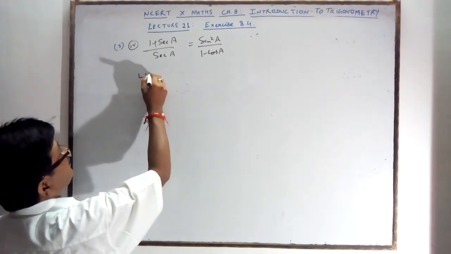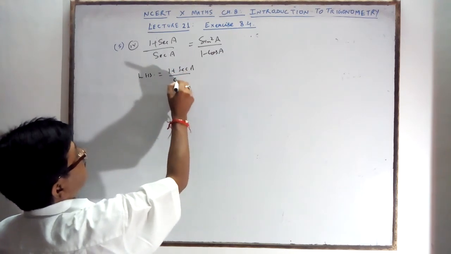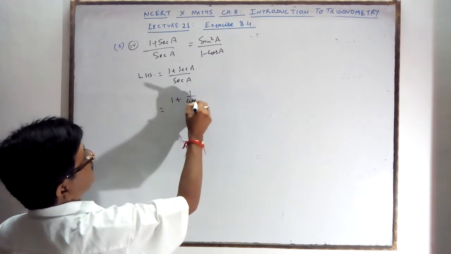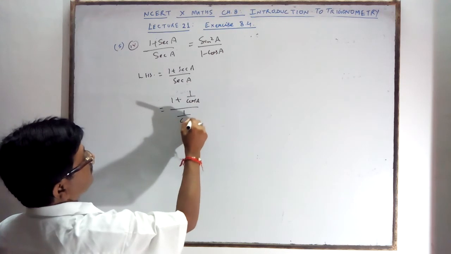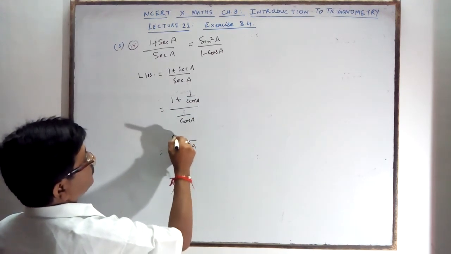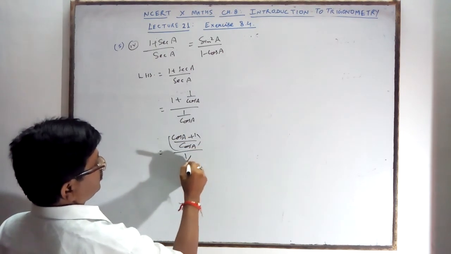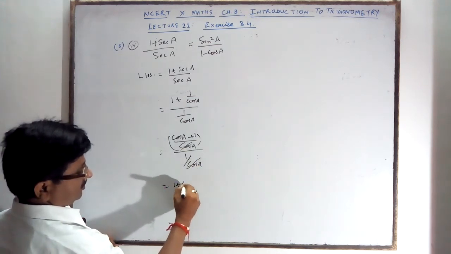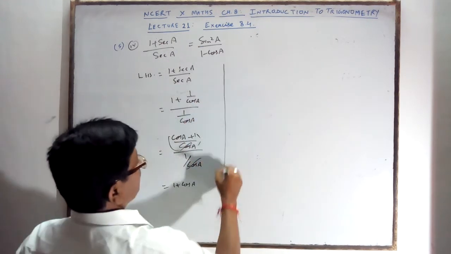LHS you take 1 plus sec a upon sec a. Change into 1 plus 1 upon cos a upon 1 upon cos a. Then LCM in the numerator, you will get cos a plus 1 upon cos a, upon 1 upon cos a. So this cos and cos cancel, your answer is 1 plus cos a. It is the LHS.